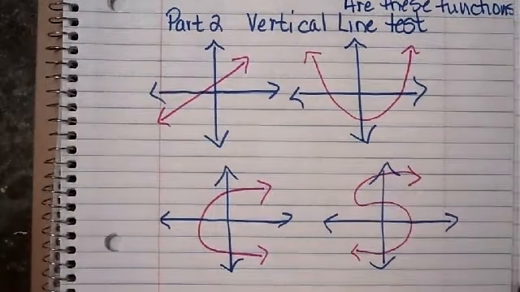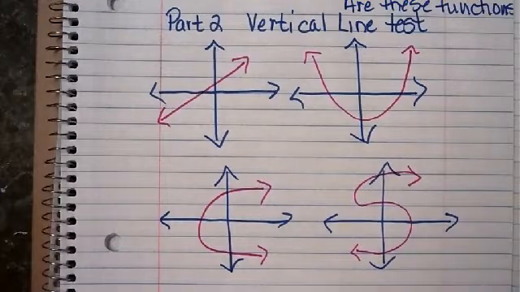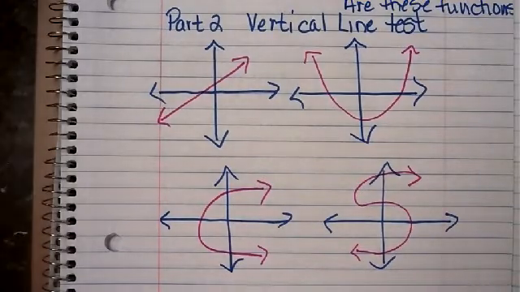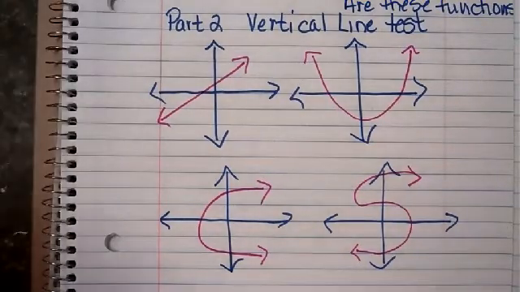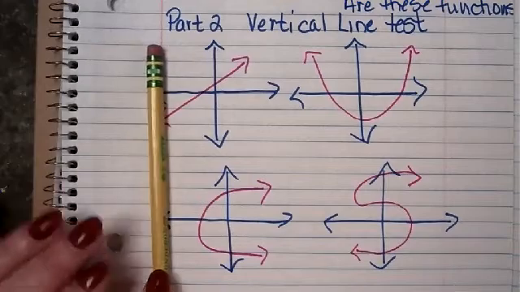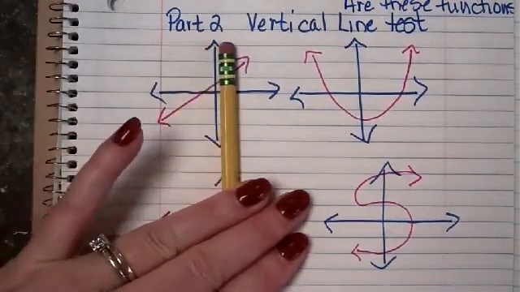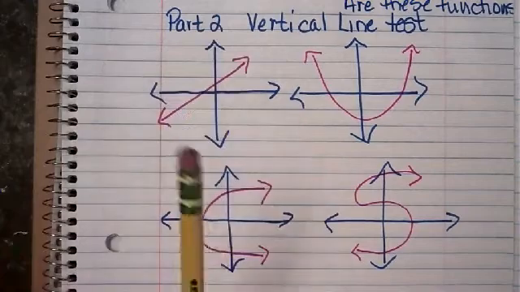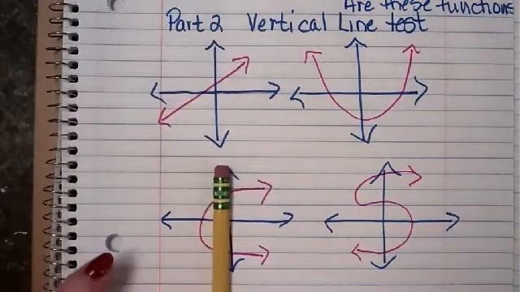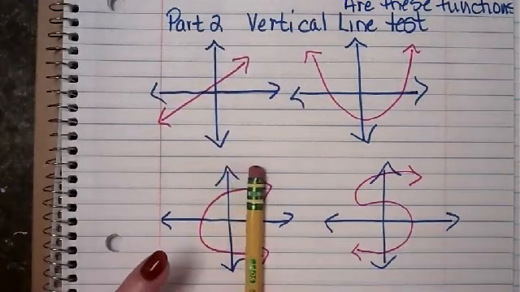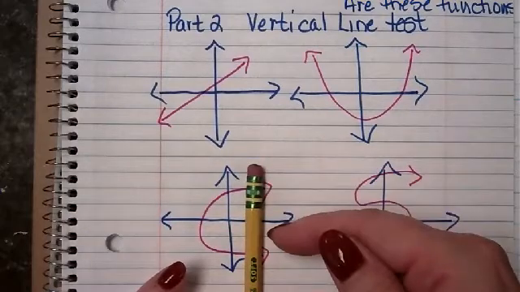Okay, are they functions? Now, here's the catch. When you do the vertical line test, what you are going to do, and I'm going to use my pencil right here as a demo model, I'm going to roll my pencil right across my graph. If I find any point in time that it crosses that graph more than once, now notice my pencil's vertical. It's called a vertical line test.